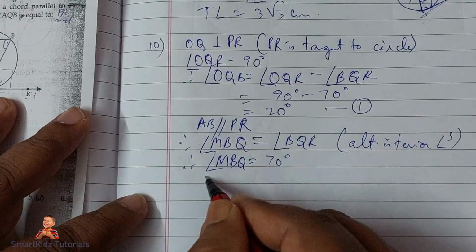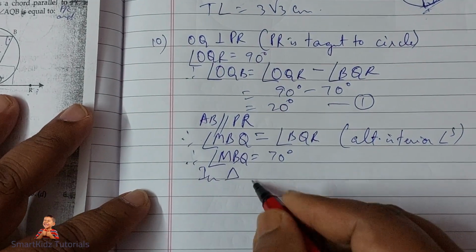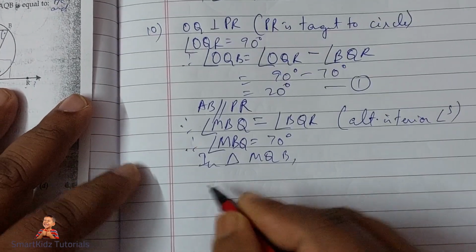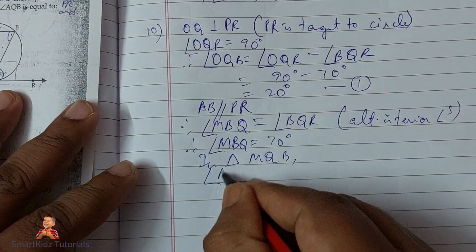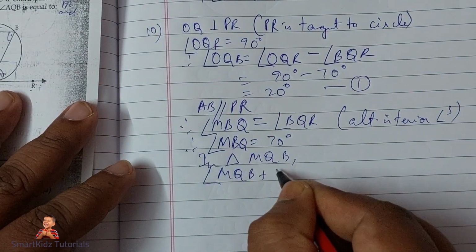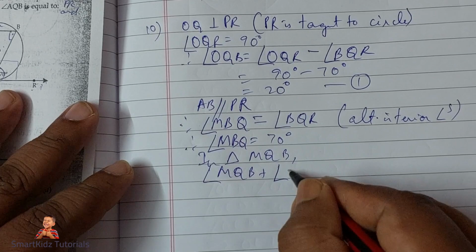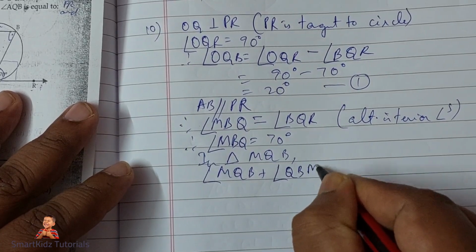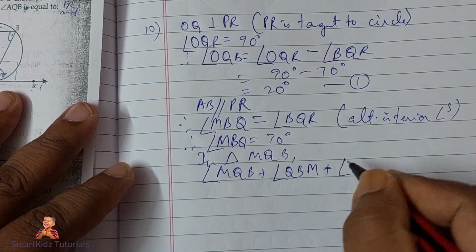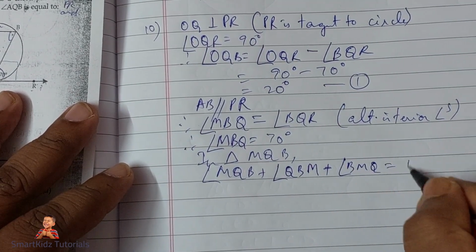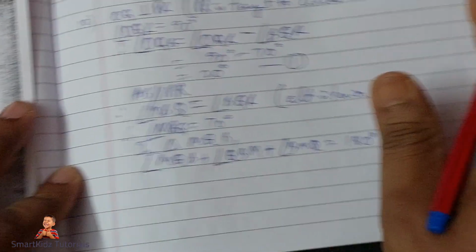So you can say in triangle MQB, we have angle MQB plus angle QBM plus angle BMQ equal to 180 degrees.